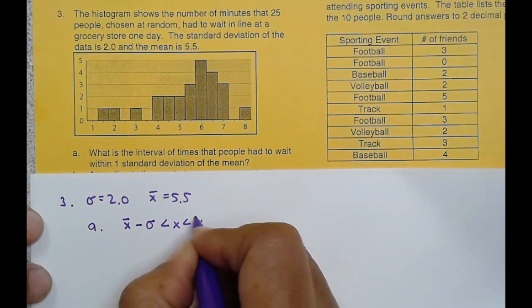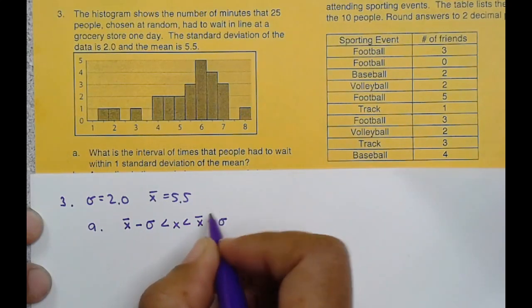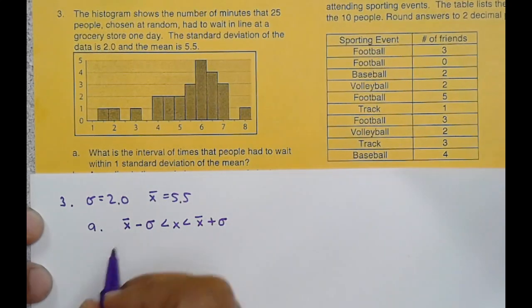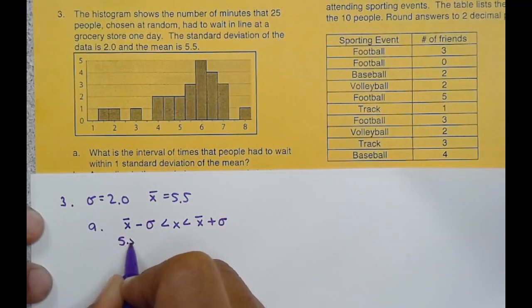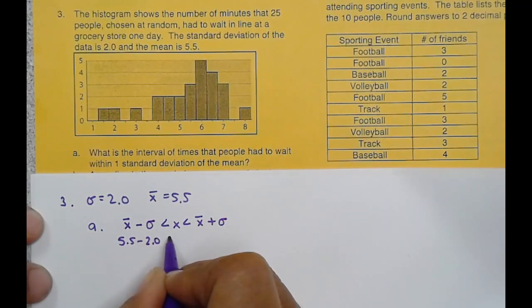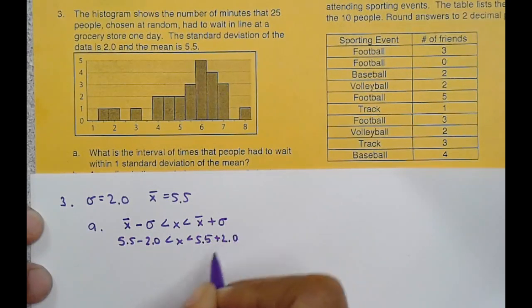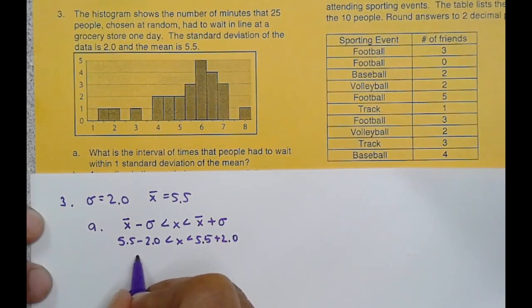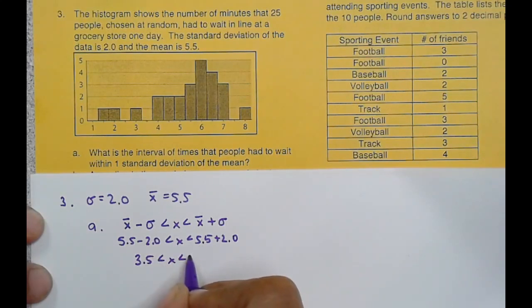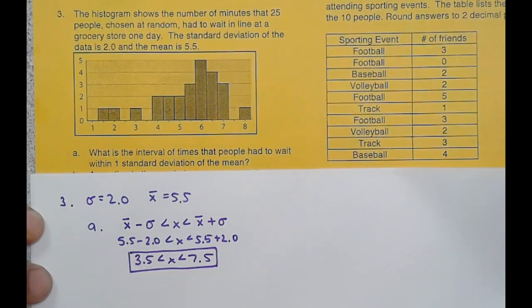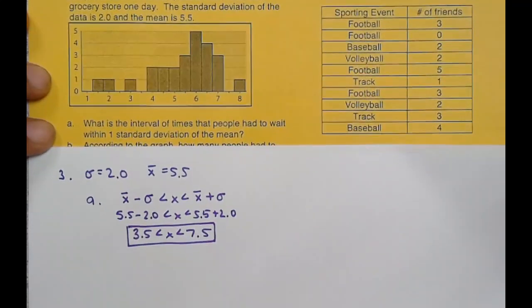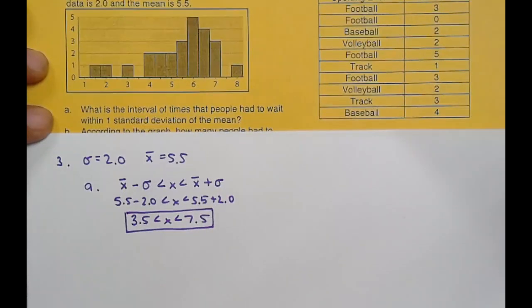And then we're going to take the mean and add 1 standard deviation to find this interval. All right, the mean is 5.5 minus 2.0, and then 5.5 plus 2.0. So subtracting here, you get a total of 3.5, and adding this will get you 7.5, and this is the interval in which we are within 1 standard deviation away.